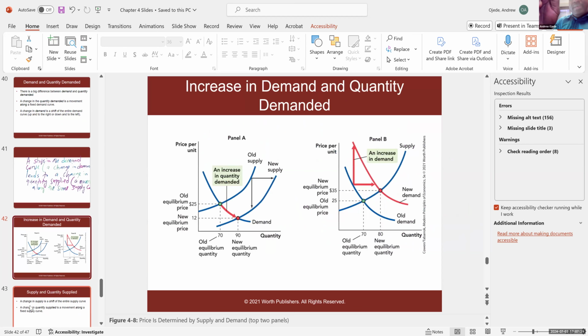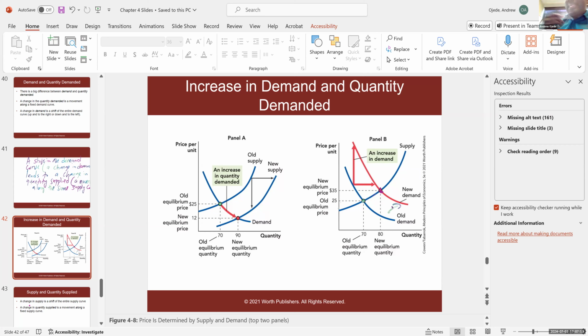You see, for example, here, if you shift the demand curve to the right, you move along the supply curve, because the initial equilibrium was where the two blue lines intersect. But once you shift the demand curve to the right in this case, we end up at this point, so you end up moving along the same supply curve.